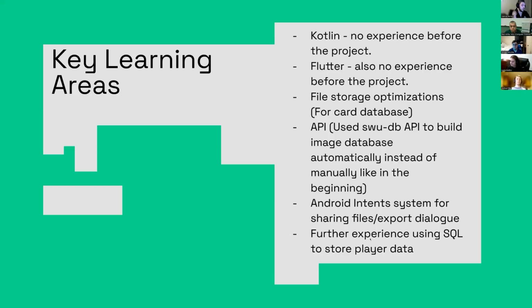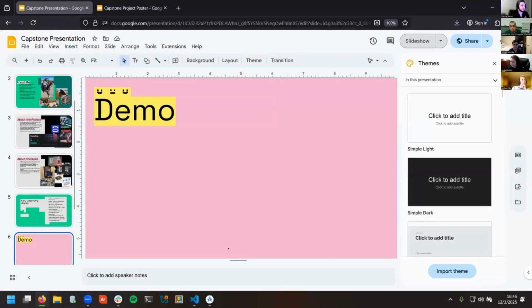And then I work in SQL, I write SQL for about 8 hours a day for the last 3 years for work, but further experience using SQL to store player data, what character they're using, how much life each person was at. And so this is the part for the demo. So let me get that pulled up.